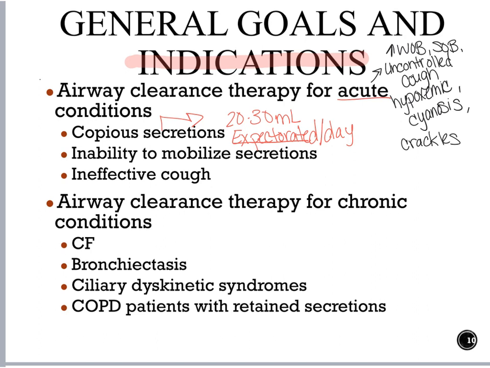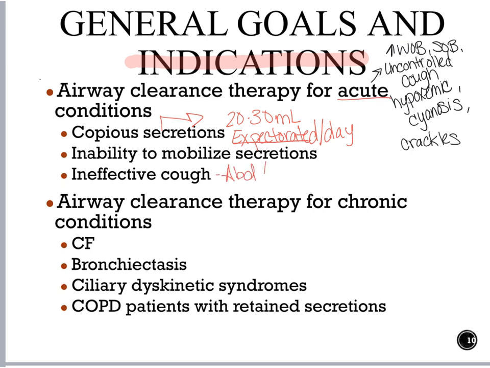The inability to mobilize secretions. So if they are on high pain medications, or they're not moving up and around out of bed, they're unable to take deep breaths, they just need a little extra help. If they have an ineffective cough, think of abdominal or thoracic surgery.